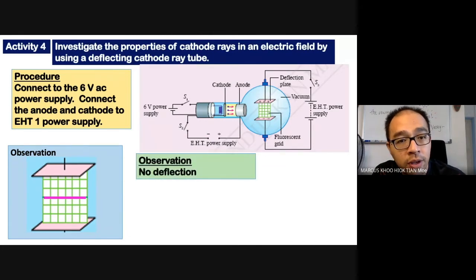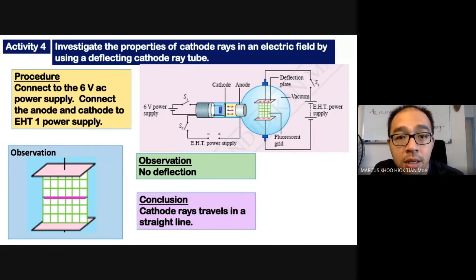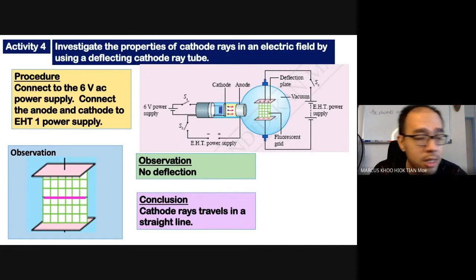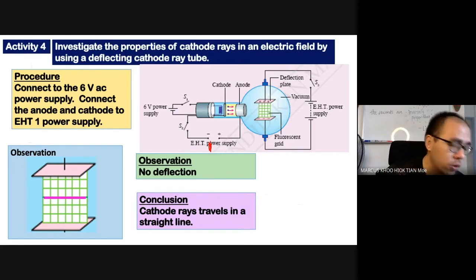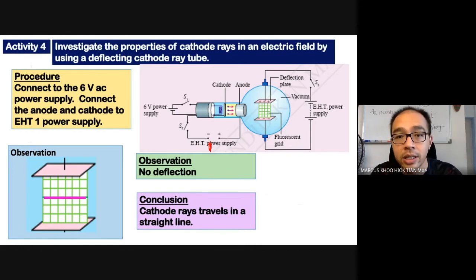Why is there no deflection? Because the cathode rays is still traveling in a straight line. This is EHT1, sorry, following your diagram now. This is EHT2. It's just going to travel in a straight line because there is nothing happening here. This is still off.